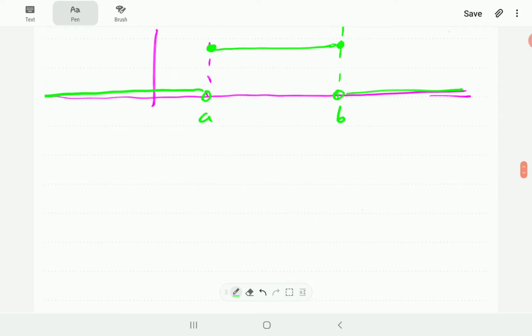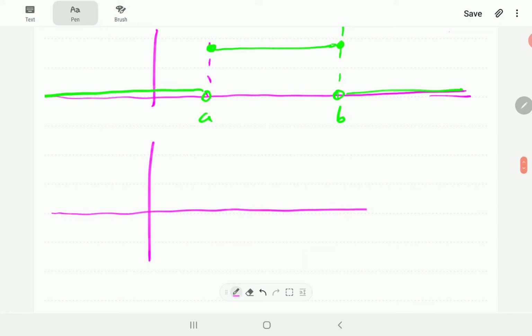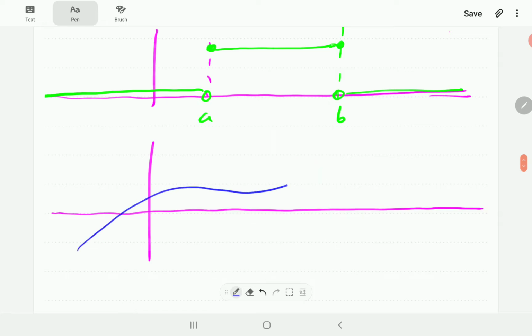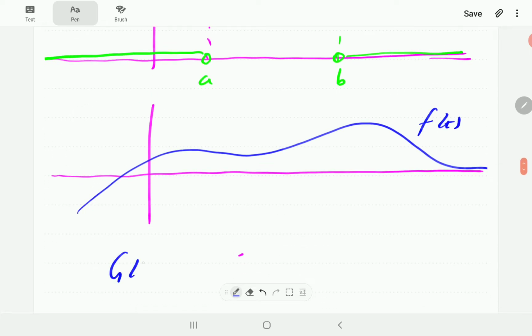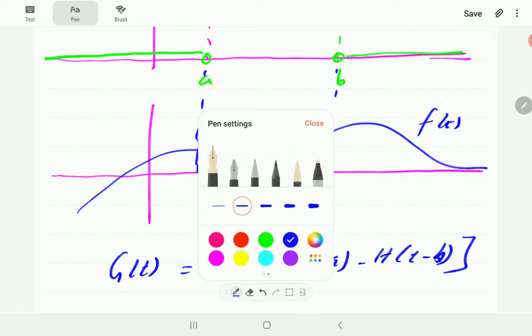Now this function is such that if you multiply any other function by it, everything else is going to crumble to 0 except the segments in between a and b. So if you imagine that this is our f of t, for instance, and g of t is given by f of t times this box, then everything outside this interval is going to become 0.